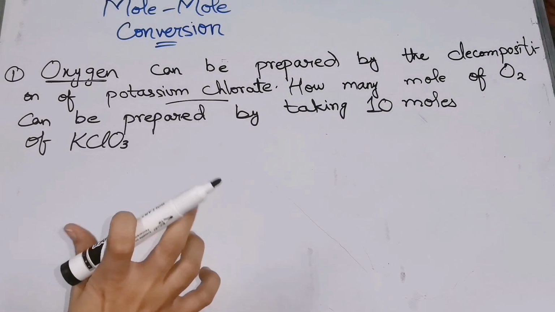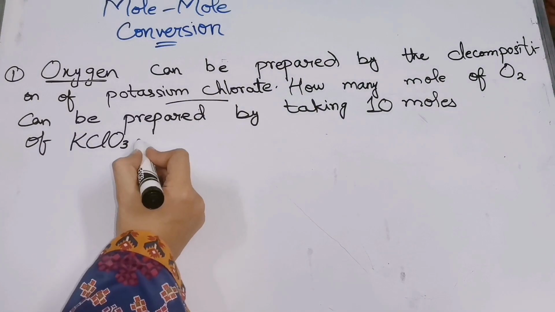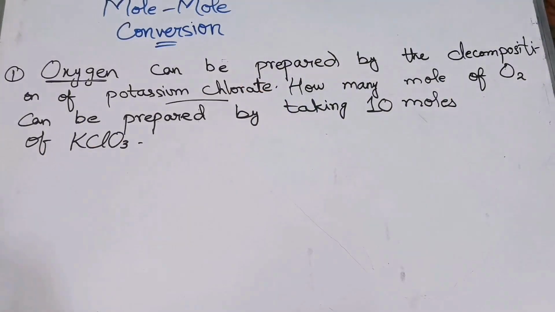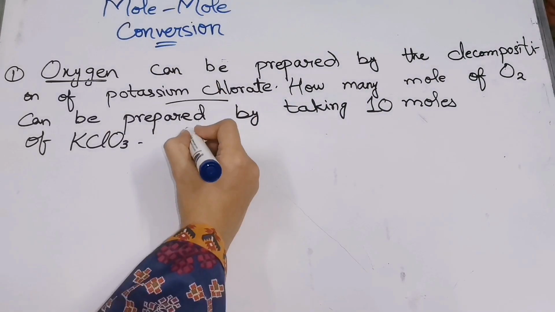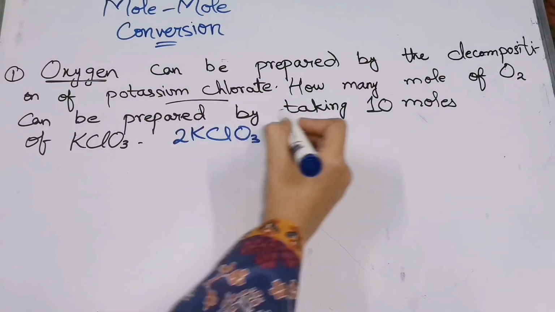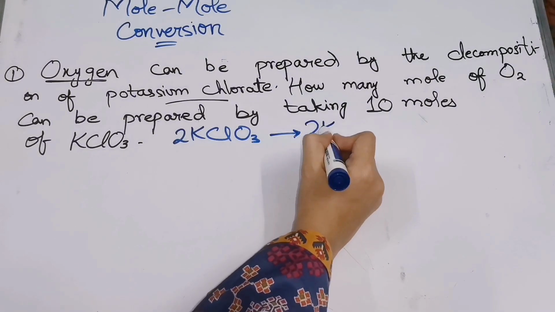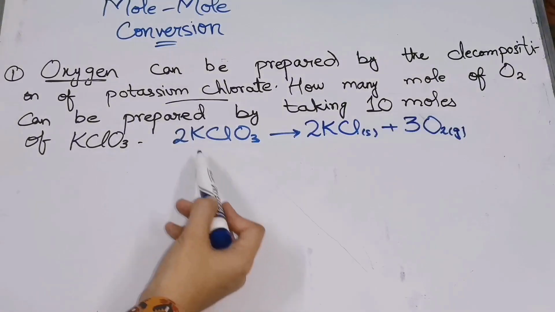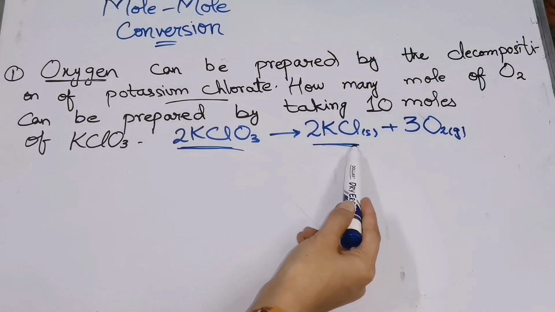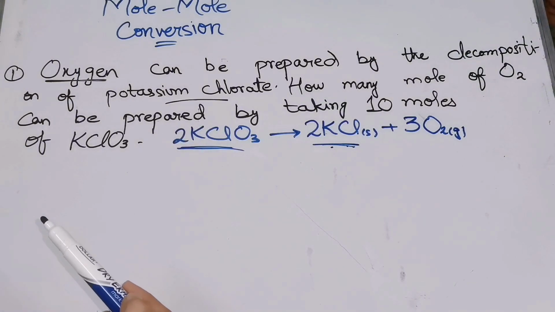Remember that the equation that we write should be balanced, because it is important for the further solution. Now the reaction is 2KClO3 decomposing and converting into KCl. In this reaction, KClO3 is decomposing, KCl is formed, and with KCl oxygen is also formed.